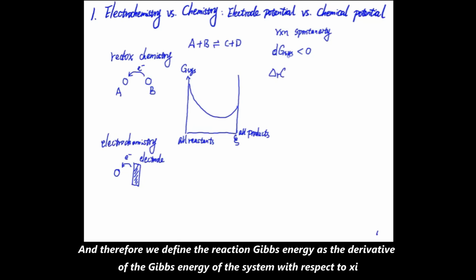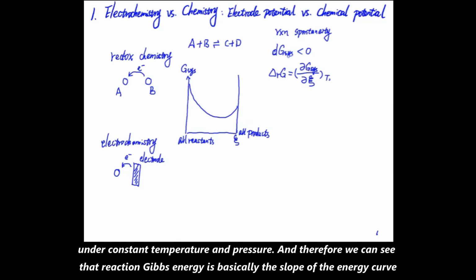Therefore, we define the reaction Gibbs energy as the derivative of the change in the Gibbs energy of the system with respect to the extent of reaction at constant pressure and temperature. And actually we can see that reaction Gibbs energy is basically the slope of the energy curve.